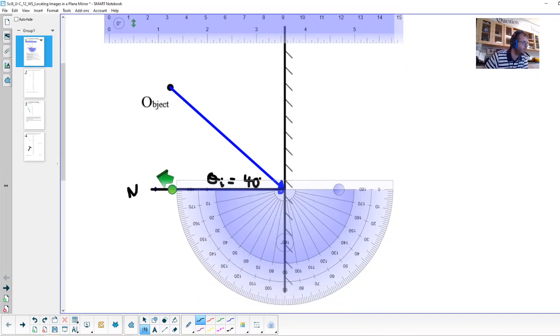Okay, so now, again, I'm using blue here. This is my reflected angle. It starts at 0, starts here this time, 10, 20, 30, 40. And so my 40 should be right along there. Just make sure I have a good spot there.